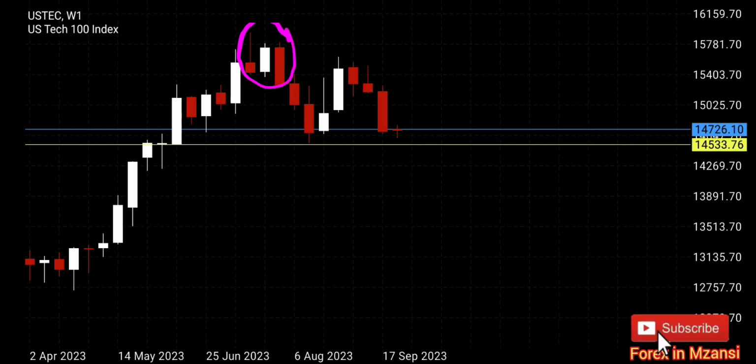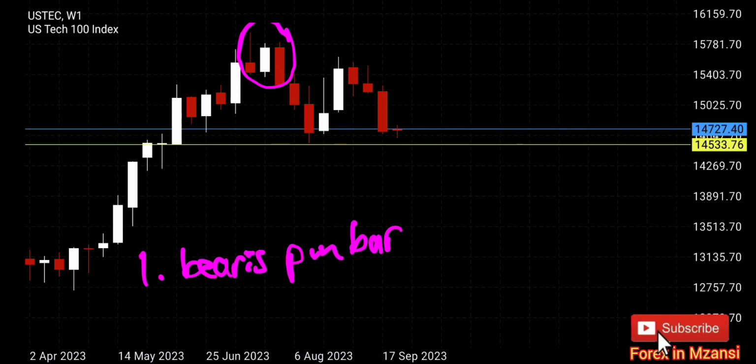This pattern, those three candlesticks there, gives us very important information. Number one, the first candlestick is a bearish pin bar, which means the sellers are rejecting the price, something we expect because we are at an area of supply or resistance. So these two make sense.